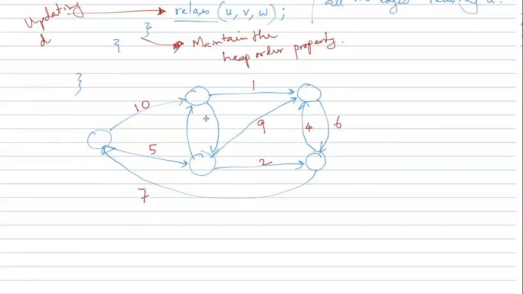Okay, so we are discussing one example to walk over the shortest path. To begin with, suppose this is our start node.